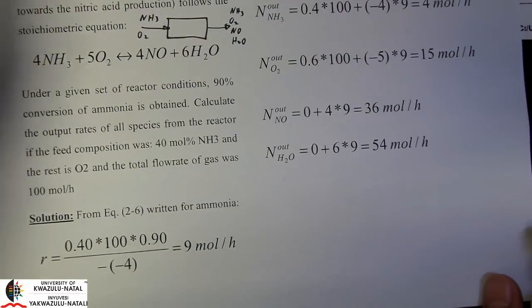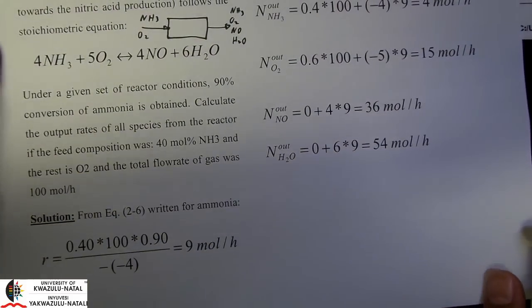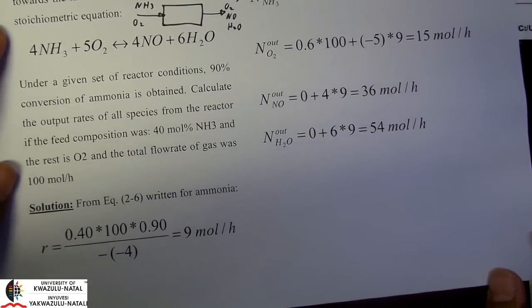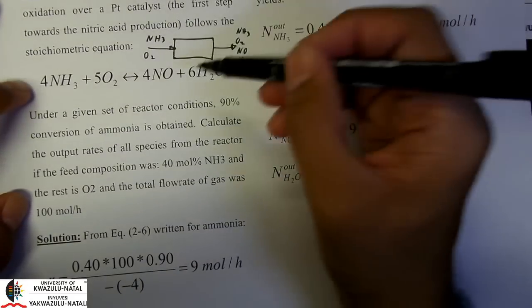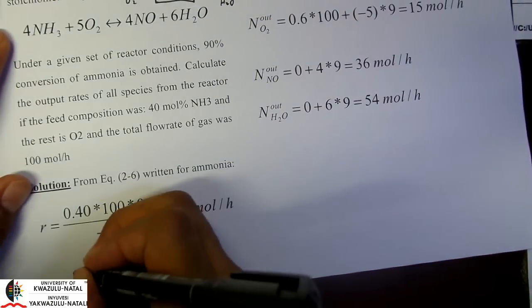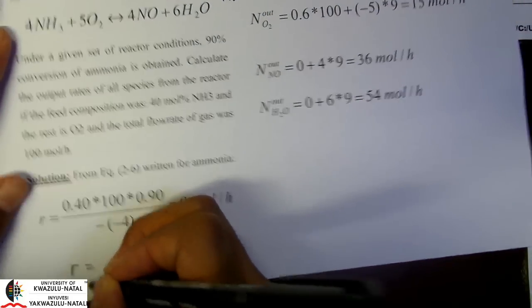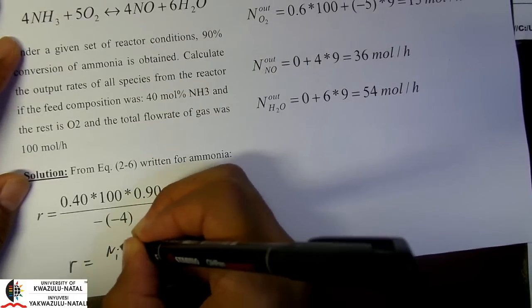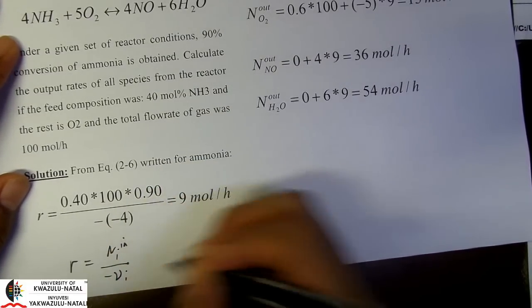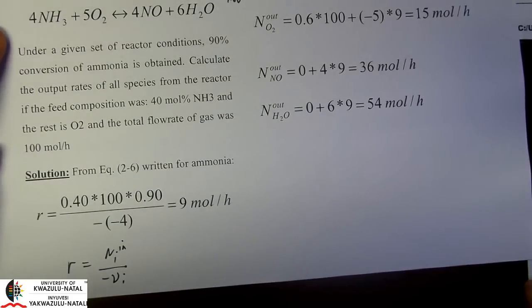Okay, so they want us to calculate the output rates. So naturally we will require the overall reaction rate in order to achieve that. And since we are dealing with a single reaction system, we can use the simple equation of R being equal to Ni in over -Vi, which I've just shown you.